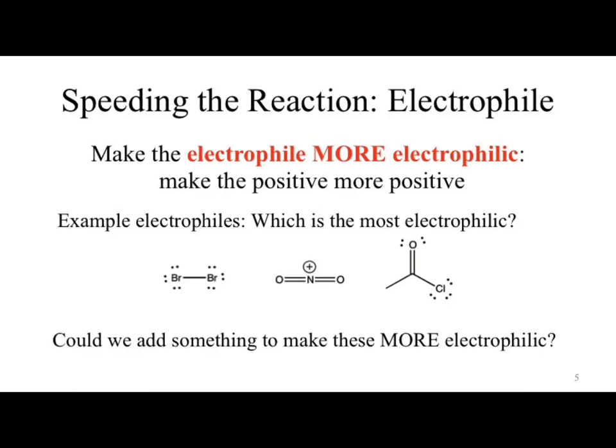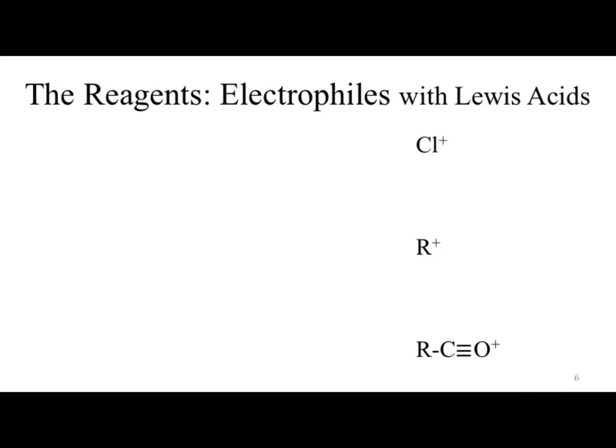That catalyst is going to somehow try and shift electron density away from whatever center we've got, making our electrophilic atom more electrophilic. Okay? So we can end up with a variety of different electrophiles. We can get Cl+, R+, and then even this last one down here, which I'll refer to later actually, as the acylium ion.